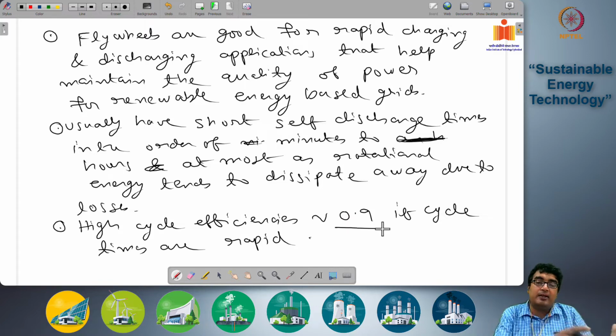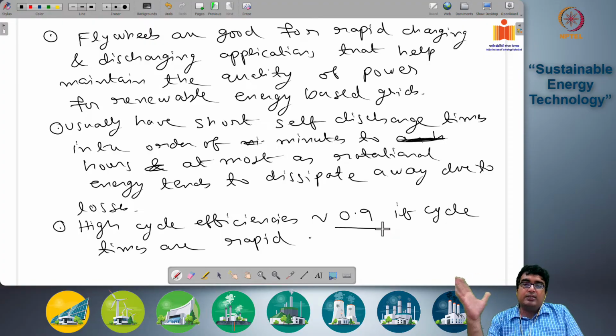So 90% of the energy that is being transmitted to the flywheel can be recovered back. So this is compared to say 40%, 30% that is present in pumped hydro and compressed air storage. In this case, you can recover back up to 90% of the energy, provided that the cycle times are rapid. So that is, you are not hitting the self-discharge times of several minutes of an hour or so, then the efficiency will drop very quickly. But under typical applications of fast response of seconds and minutes, you will get very high cycle efficiency, that is, you are recovering most of the energy you are giving to the flywheel.